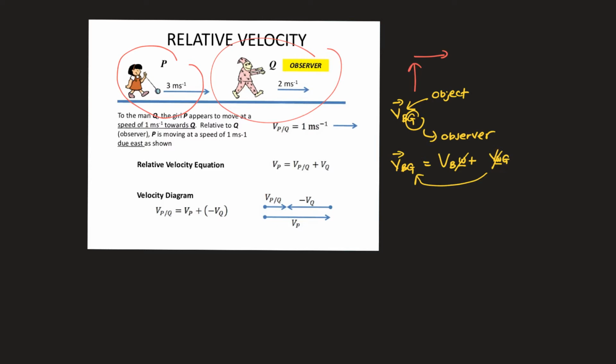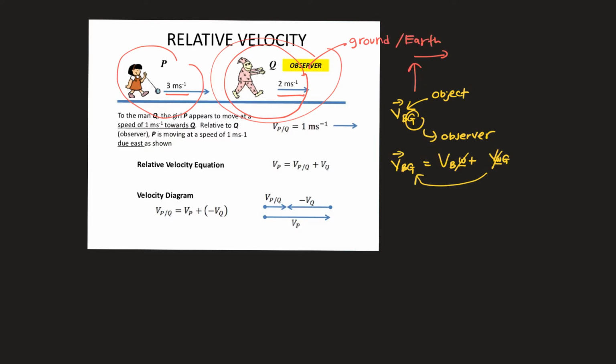If the question doesn't state any location, for example, you have 2 meters per second and 3 meters per second, and the question doesn't state the location of the observer, then mostly the velocity is going to be with respect to the ground, or you can say earth.